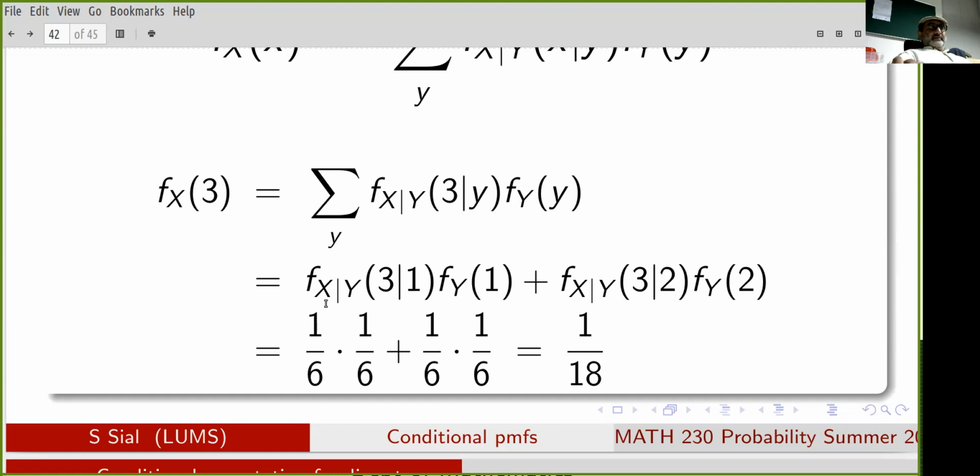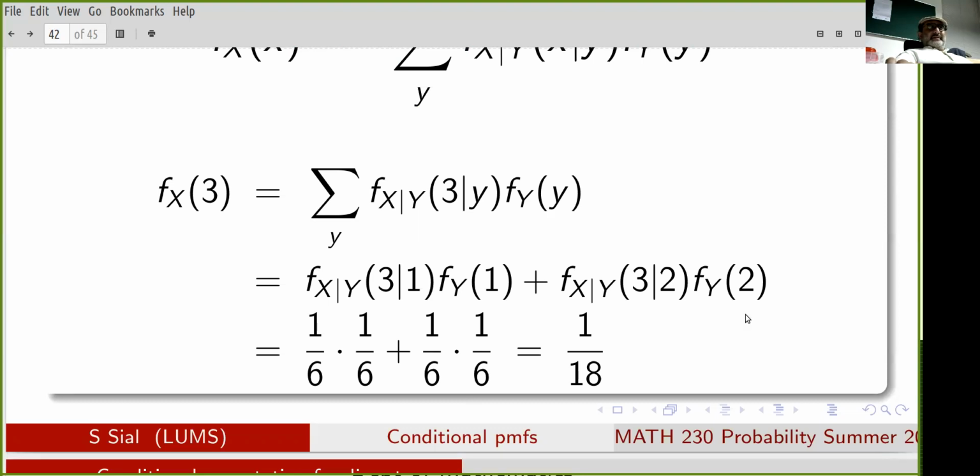Okay, so you use this formula, allowing y to be 1 and y to be 2. The probability that x is equal to 3, given that y is equal to 1, that's the probability of rolling a 2, which is 1/6, times the probability of rolling a 1, which is 1/6, plus the probability that x is equal to 3, given that y is equal to 2, that's the probability that the roll on the other die is a 1, that's 1/6, times the probability of rolling a 2, that's 1/6.